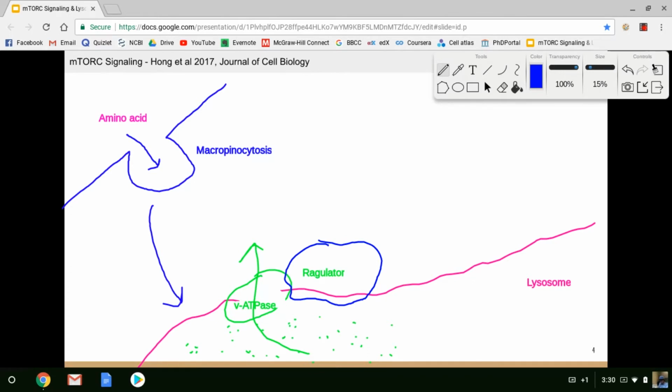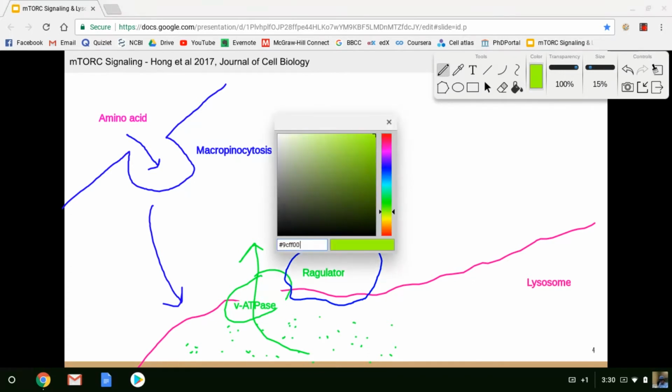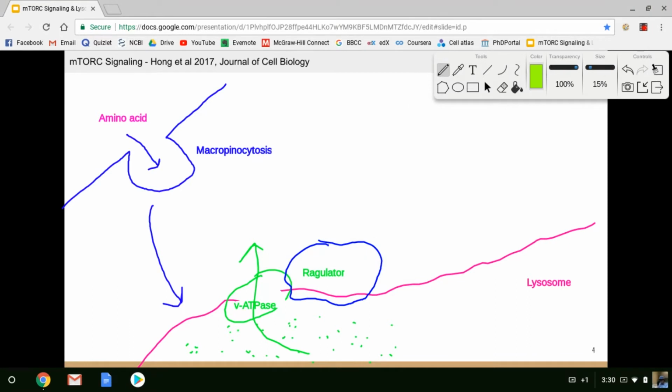So the Ragulator is kind of a confusing protein. The Ragulator functions to control two different proteins. Ragulator is a GTPase that essentially controls the fate of these two very similar proteins called RagAB and RagCD. And RagAB and RagCD can both be bound to GTP or GDP, depends on the circumstance.